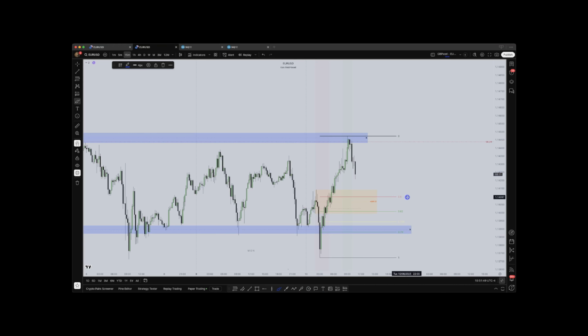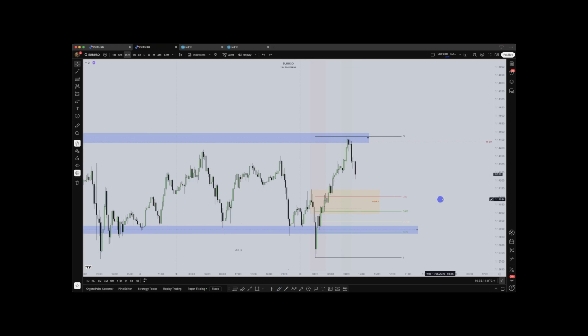So when price is in this lower part, this is discount, and we are looking for long trades. Okay, you also have this area, which is the optimal trade entry, 0.62 to 0.79.